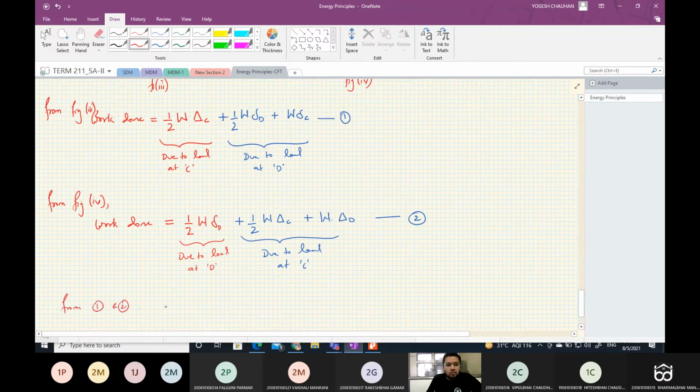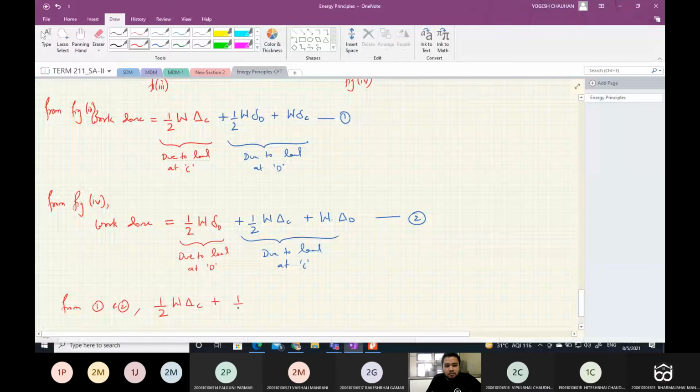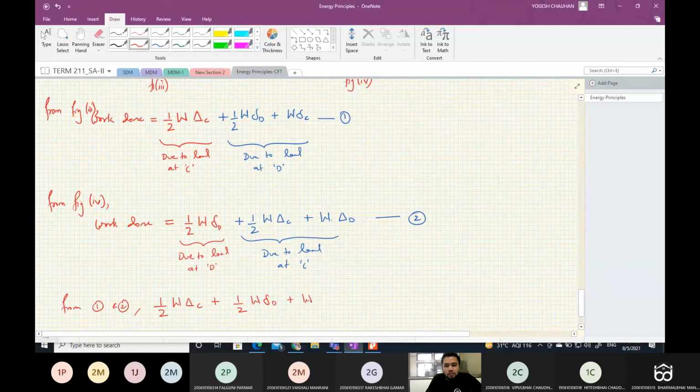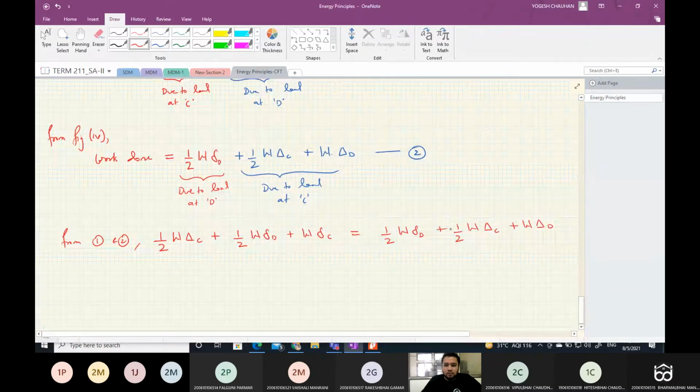Now from equations 1 and 2 we can equate the work done, so it will be 1 by 2 W delta C plus 1 by 2 W delta D plus W delta C is equal to 1 by 2 W delta D plus 1 by 2 W delta C plus W delta D. Now this term and this term can be cancelled out.